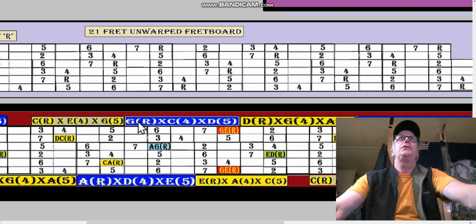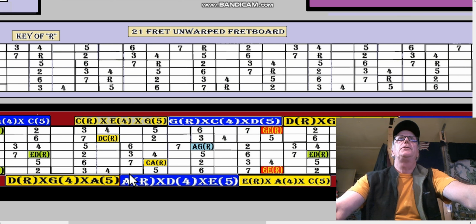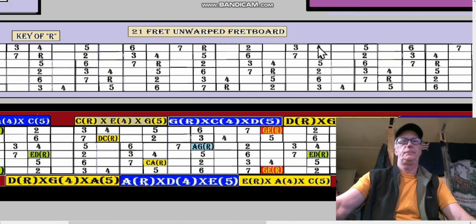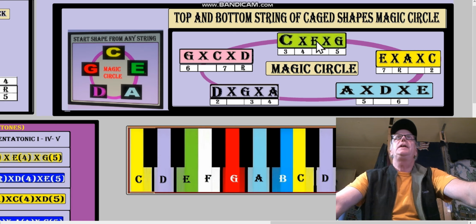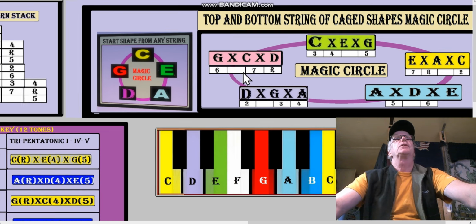C goes to G, goes to D. D goes to A, goes to E. A goes to E, goes to C. It's the same thing. These are adjacent pentatonic scale boxes. That's just one instance of the magic circle.